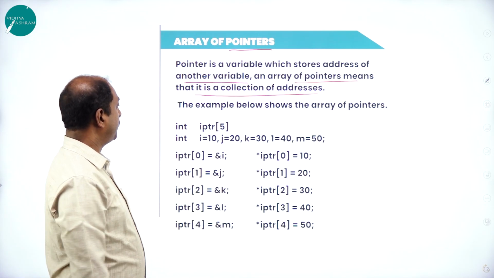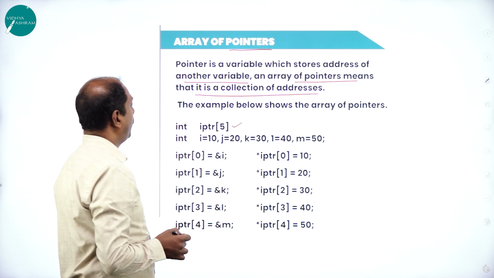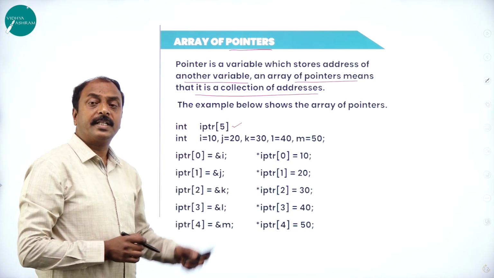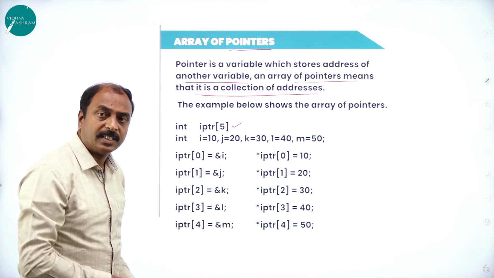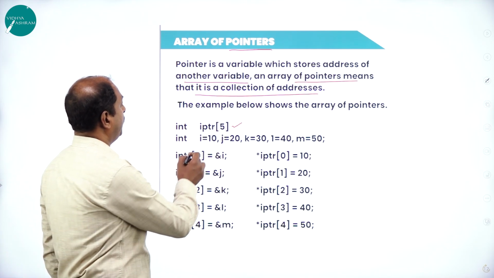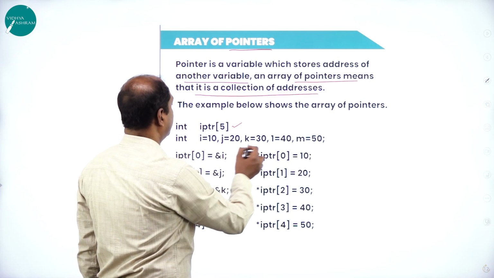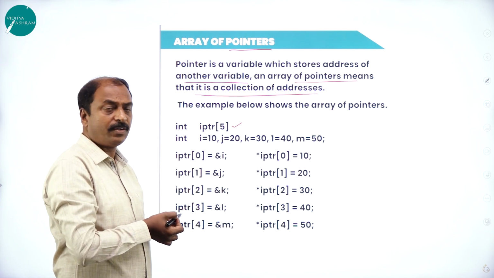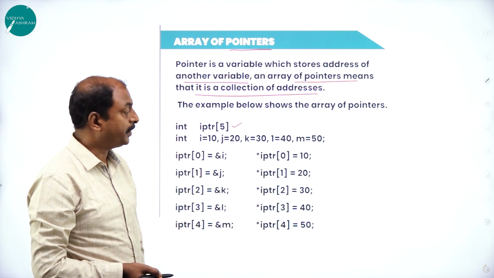Look at the example here. Suppose I say int *iptr[5]. This is a declaration of an array, size is 5, and we are assigning values to variables i equal to 10, 20, j, k, l, m. We are assigning 5 values with 5 different variables.